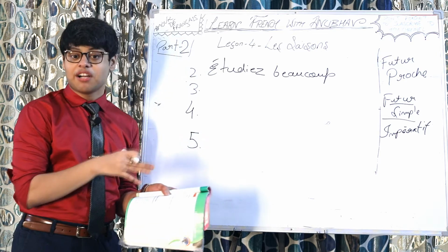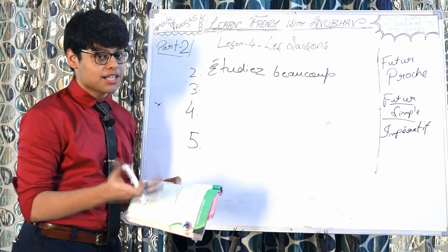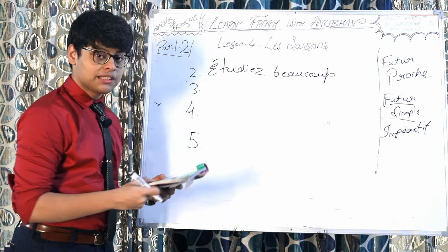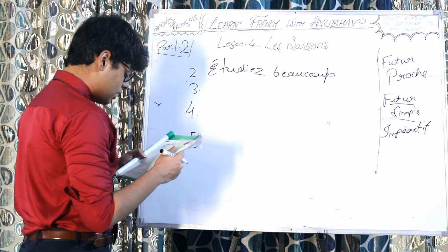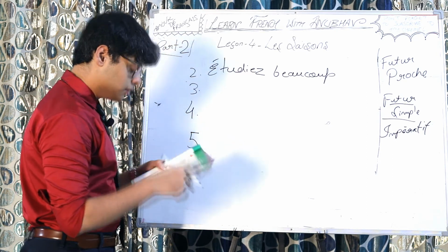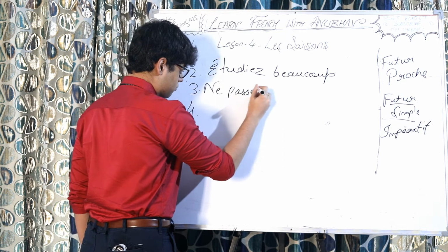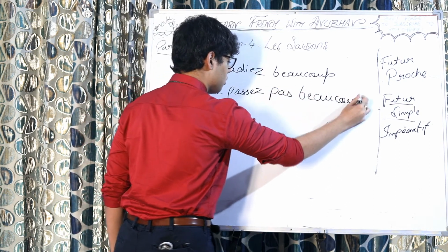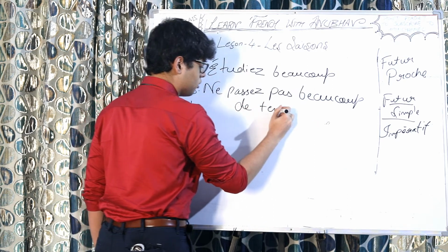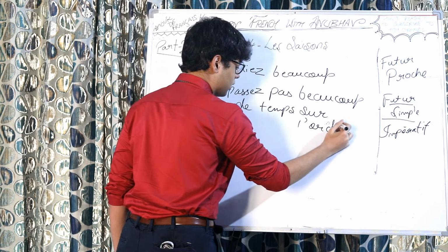Mind it that all these advices are given in imperative, as they are given in order or command. And for all these purposes, we use imperative. Second, we have ne passez pas beaucoup de temps sur l'ordinateur.